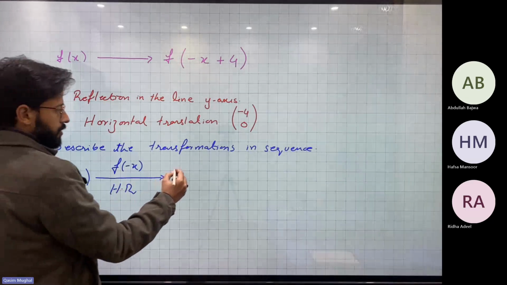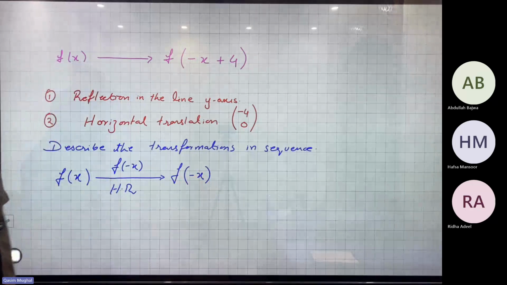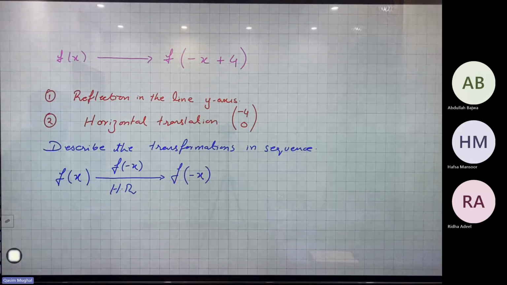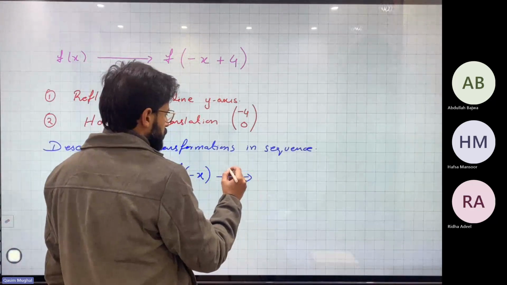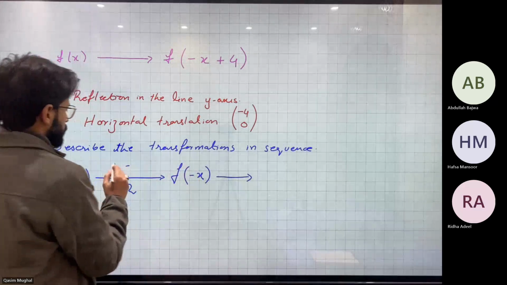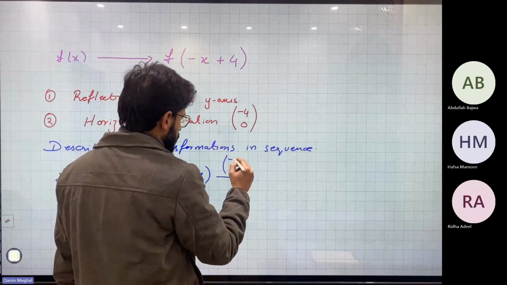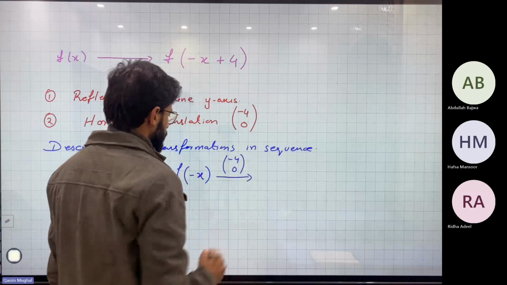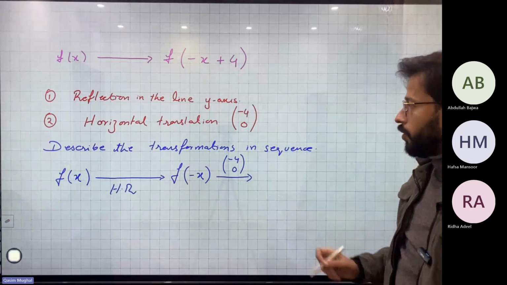So it becomes f of minus x. Then you apply the simple translation: the translation vector (-4, 0).